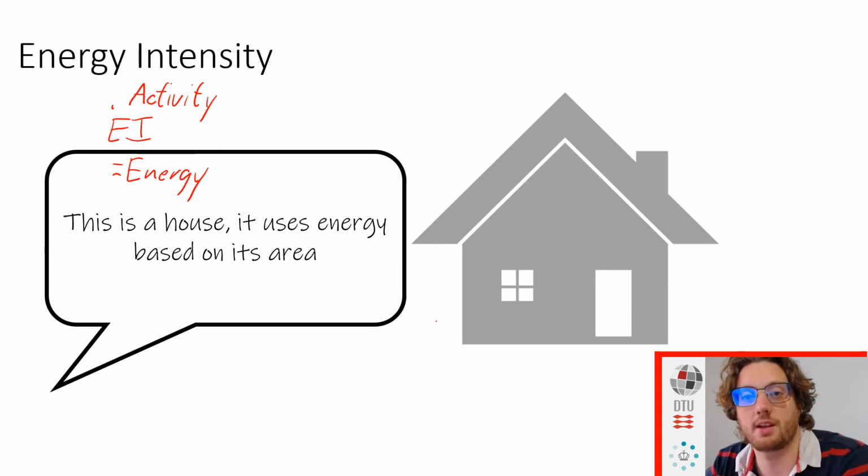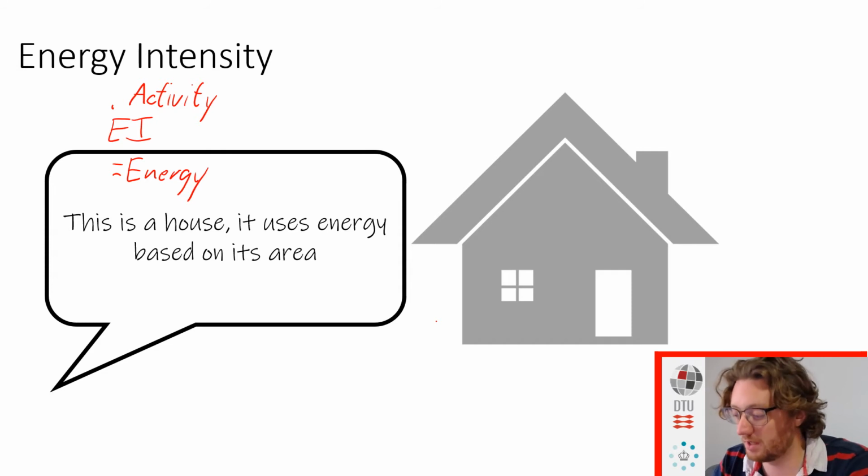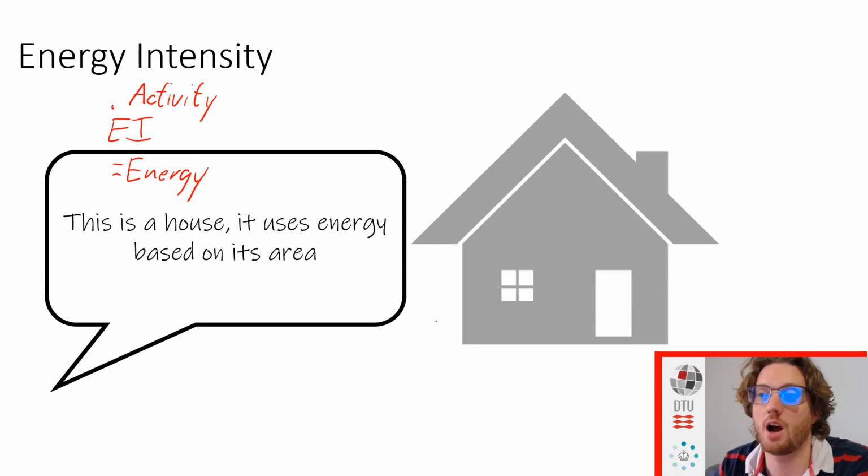What that means in a practical way could be, for instance, housing, where you have defined the energy demand as a multiplication of the activity. Could be the total square meters of housing in your area, multiplied by the energy intensity of how much it would take to heat per square meter of housing.